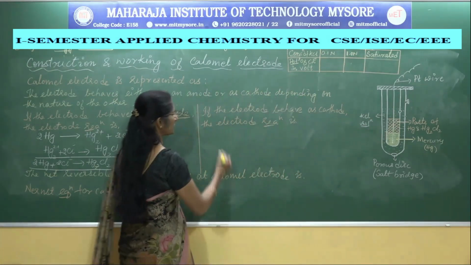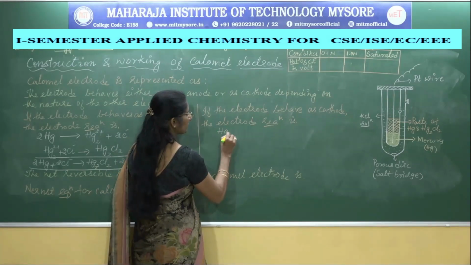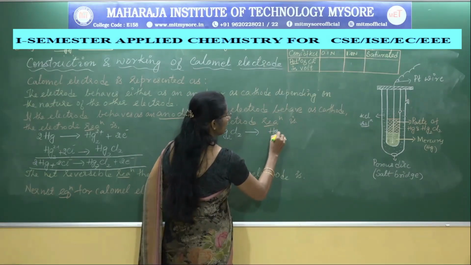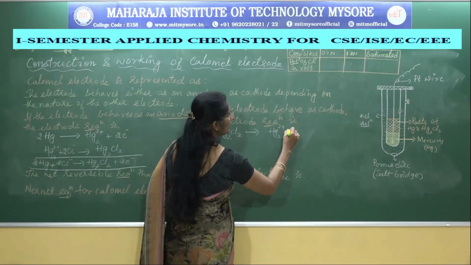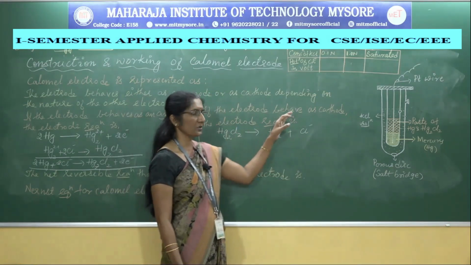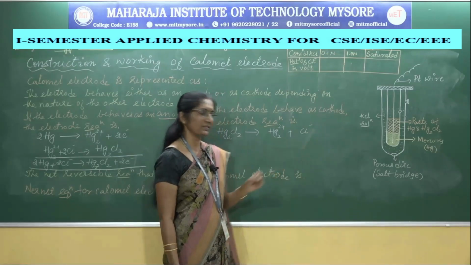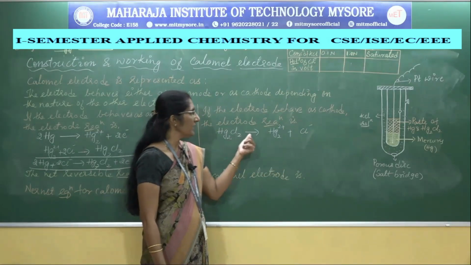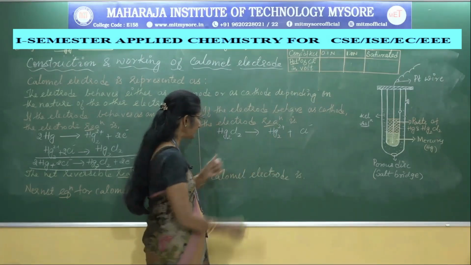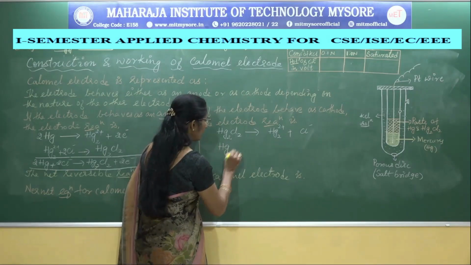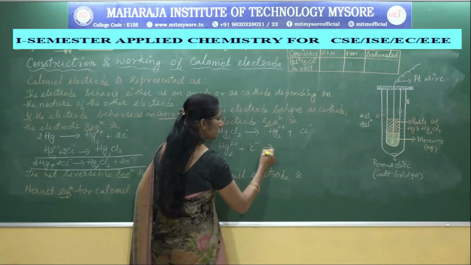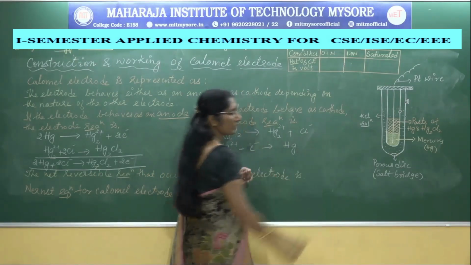So the first reaction is that the salt, mercurous chloride Hg2Cl2, ionizes as Hg2 2+ and Cl minus. When this electrode acts as a cathode, the salt present in the electrode, that is mercurous chloride, ionizes as Hg2 2+ and Cl minus. Then this Hg2 2+, that is the metal ion, gains electrons from the outer circuit, and is reduced to mercury.